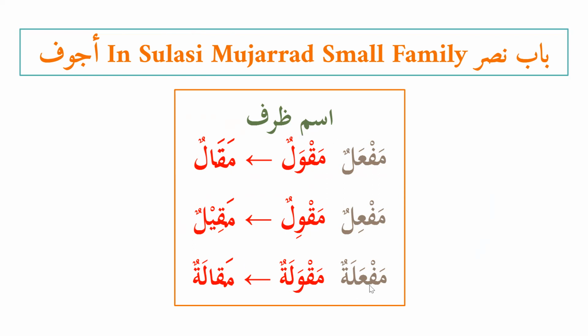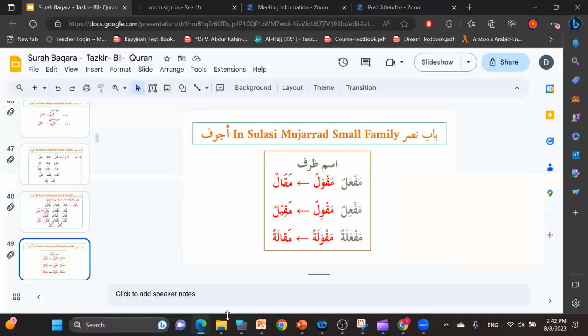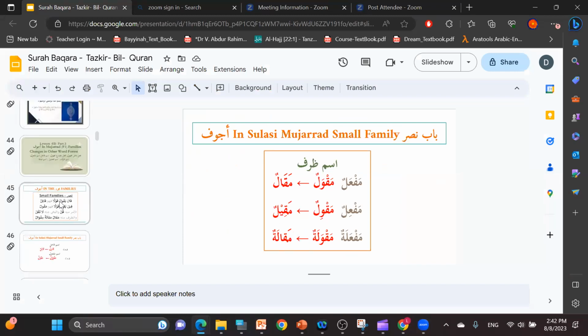And then the third pattern for zarf is maf'alatun. So it becomes maqalatun, instead of maqalun. Let me just tell you about a misprint in the book.